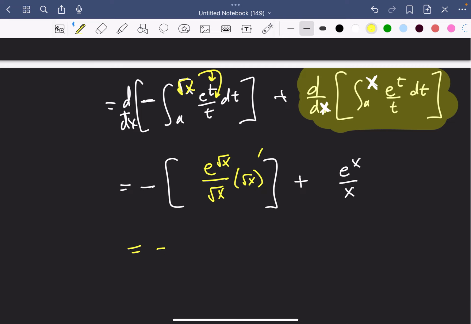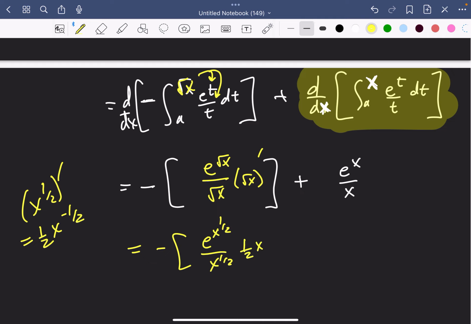And we know that, if I can write it in terms of halves, that's e to the x to the 1/2 over x to the 1/2. But the derivative of x to the 1/2 is just 1/2 x to the negative 1/2. So it's 1/2 x to the negative 1/2, plus e to the x over x. That follows me.